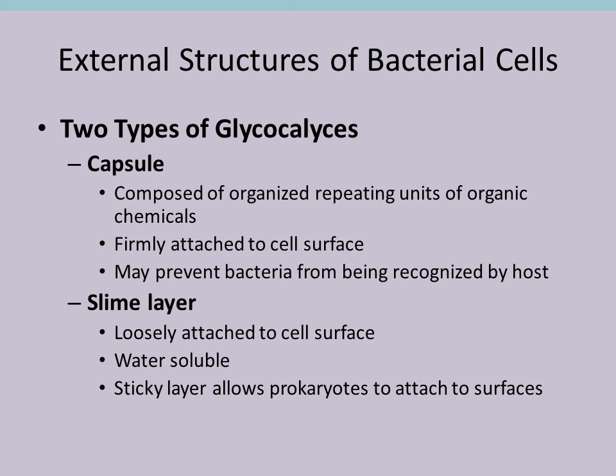If it has a capsule, that capsule is going to give extra protection to the bacteria, and it's harder for a host to be able to recognize that bacteria if it's able to infiltrate and penetrate inside that organism. And so if it has a capsule, it tends to be more pathogenic. That's good for the bacteria because it increases its survival rate. It's bad for you.